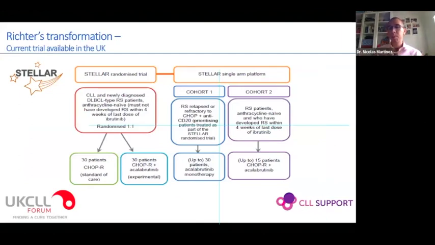And clinical studies have been advocating clinical studies. So this is the still active STELLAR study that I hope most of you are familiar with, which has a randomized arm and a single arm platform, which we're trying to investigate whether or not the addition of acalabrutinib to R-CHOP is of any benefit for patients with Richter's, and that's fundamental. So all of the calls are open.